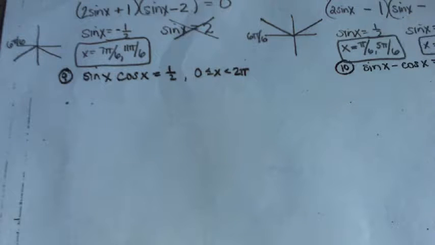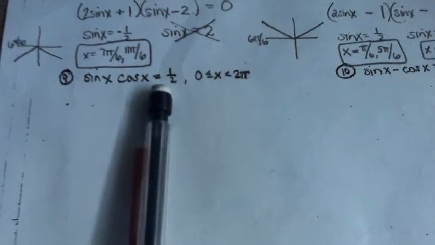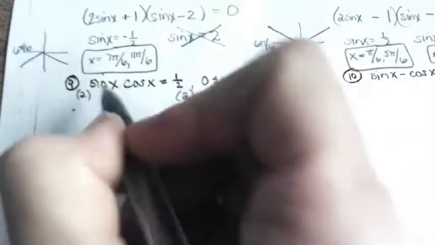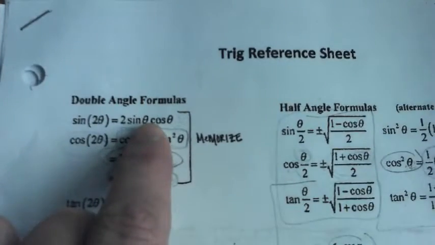We multiplied by 2 over 2 a while ago to create 2 sine x cosine x. So similarly here, we want to create 2 sine x cosine x. So if I multiply both sides by 2, now this 2 sine x cosine x, I'm going to use my double angle formula backwards and make it the sine of 2x equals 1.